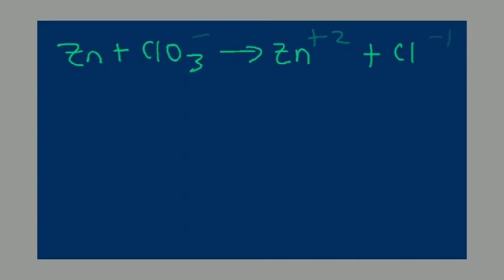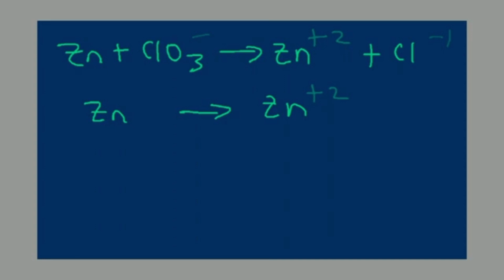So what do you think should be the first thing that we should do in order to balance this reaction under acidic conditions? We need to separate this reaction into half reactions. Let's write a half reaction between zinc and zinc 2+. When balancing a half reaction, balance the atoms first, and then balance the charges.